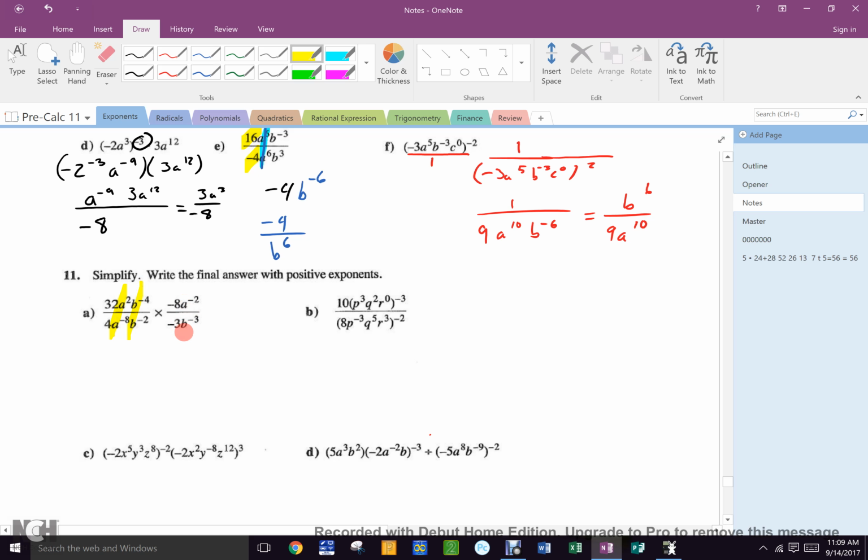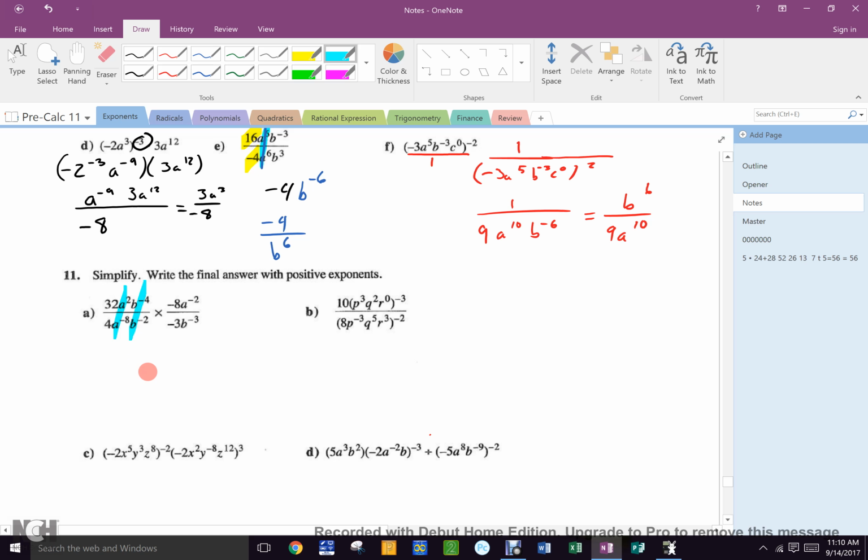Max? Can you divide 32 by 4? Yes. So Max dealt with the coefficients, and then I assume you dealt with those A's and those B's. Is there anything wrong with that approach? Of course not. Did anybody have even a fourth approach?